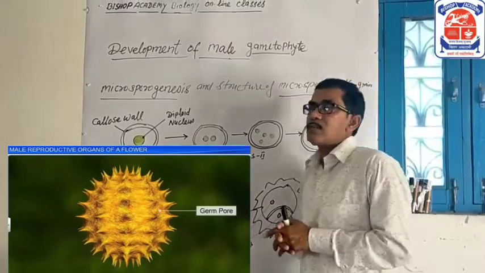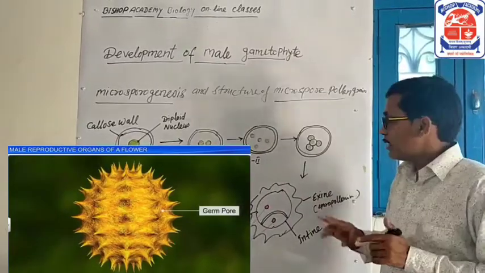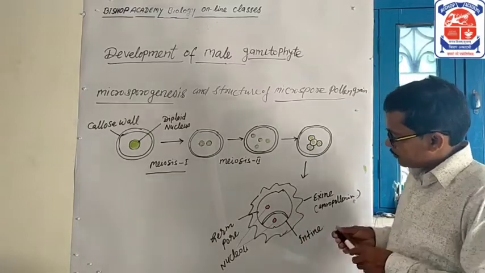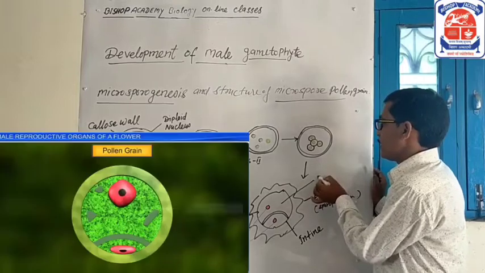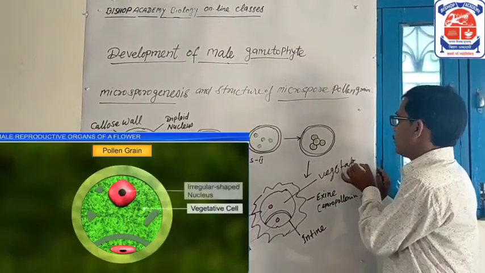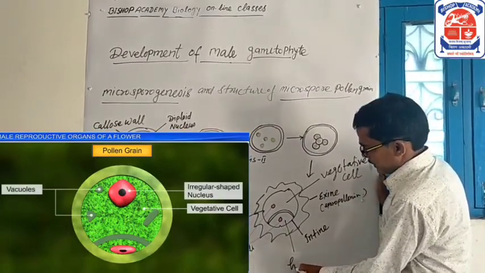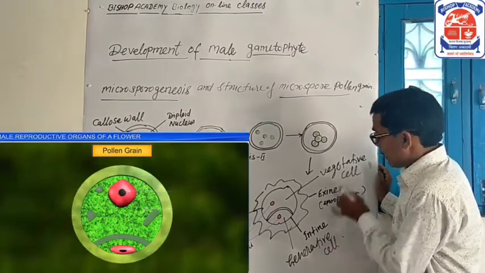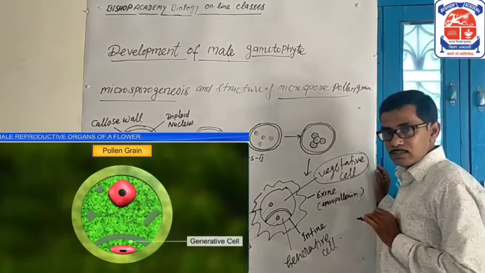Germ pores are those places where sporopollenin is absent. The pollen grain has two types of cells: the vegetative cell and the generative cell.